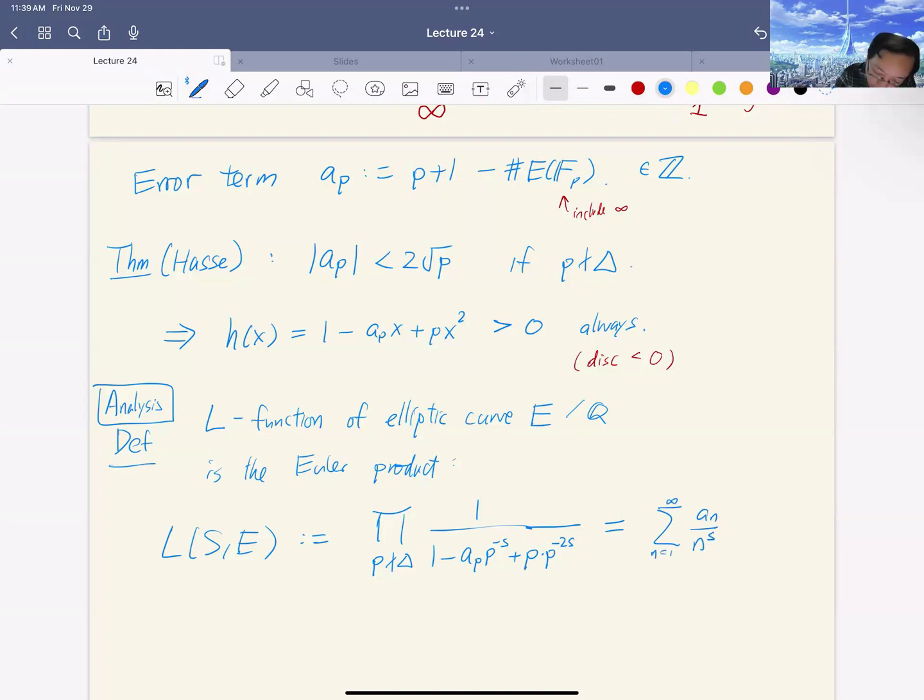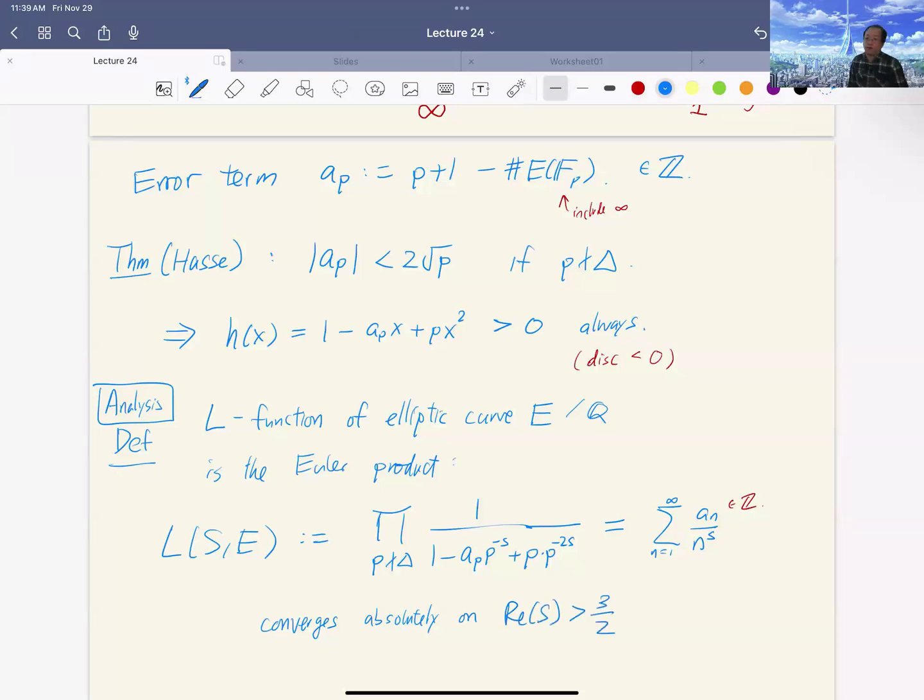And this function converges absolutely not on real s bigger than 1 anymore, because you have quadratic. It turns out that you can show it converges for real s bigger than 3 halves.